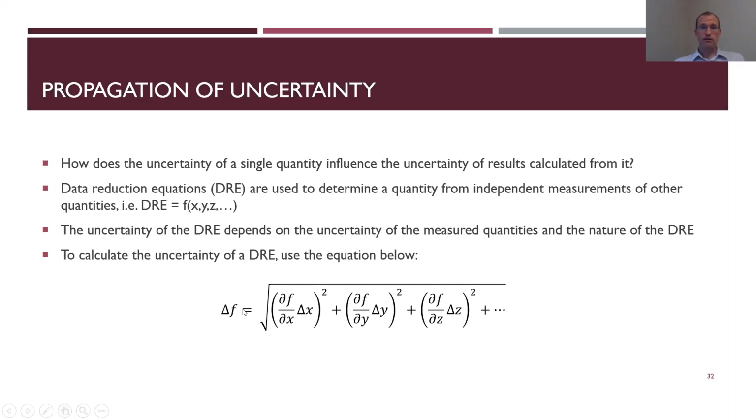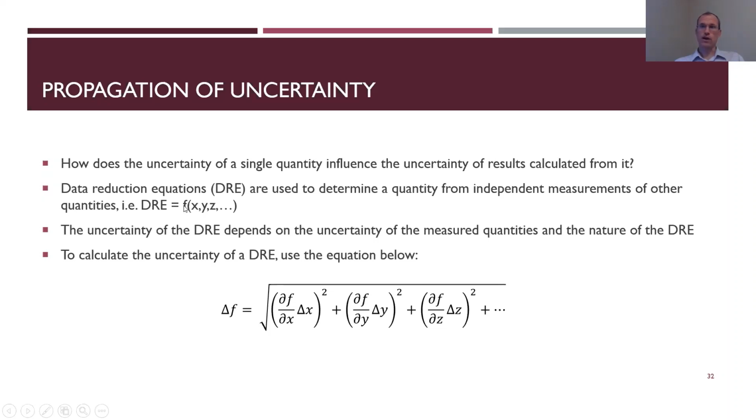To get the number itself, I just plug x, y, and z into the equation, and that gives me my value. But my error is going to depend on the error in x, the error in y, and the error in z. The way to do that is by taking the partial derivative of the function.